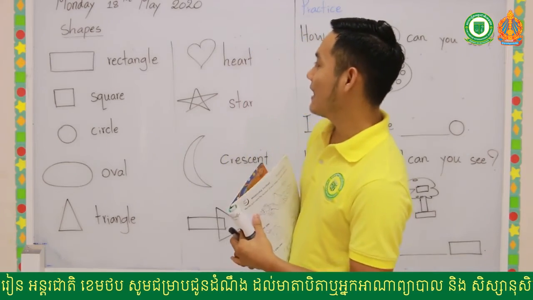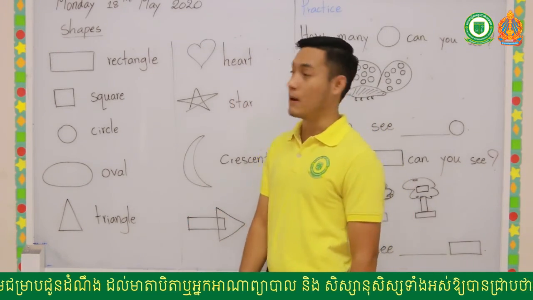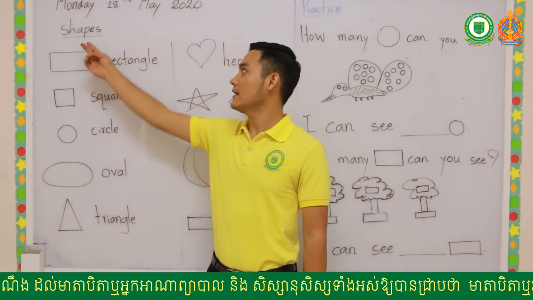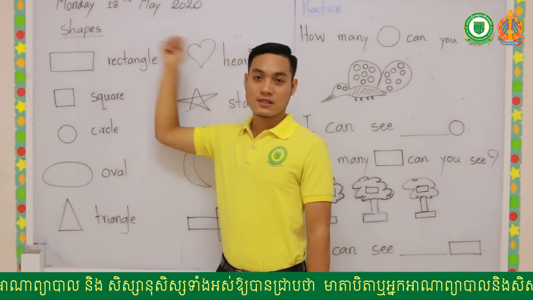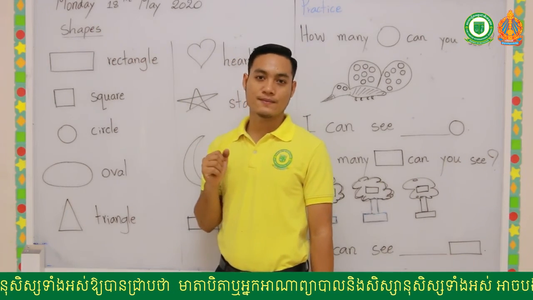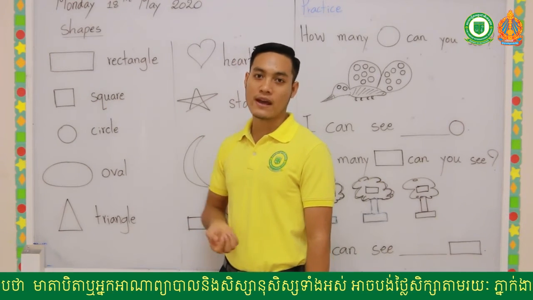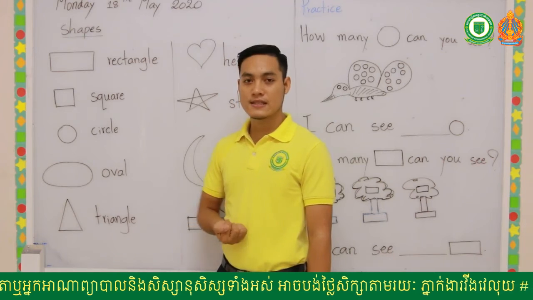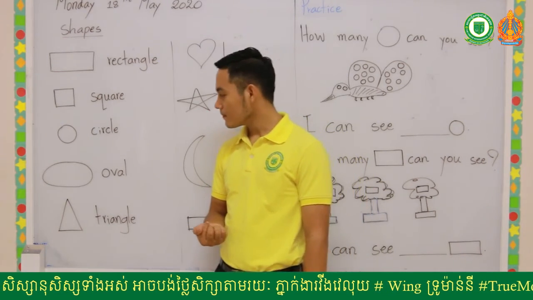So let's repeat some of the words of our reading about shapes. Okay, so read together. Shapes, right? Shapes. And also like here is rectangle. This one is square. This one is circle. Okay, circle.